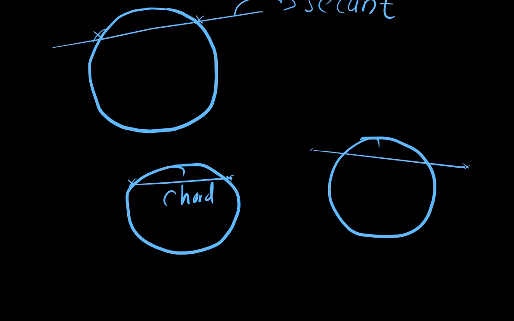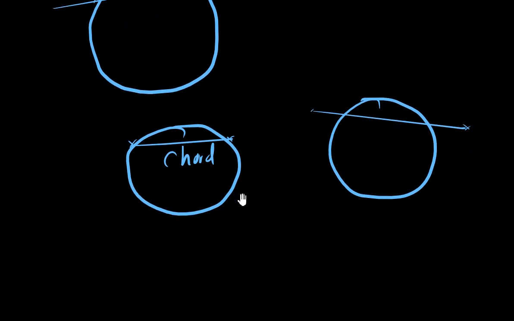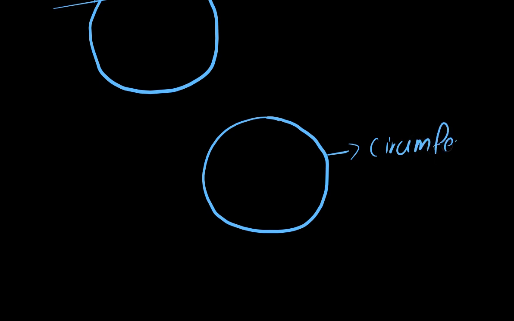Okay, then we can conclude that if we have a circle like this, draw it once again. So this is our circle. Then this boundary is known as circumference. Then if we take only half portion of the boundary, it is known as semicircle.